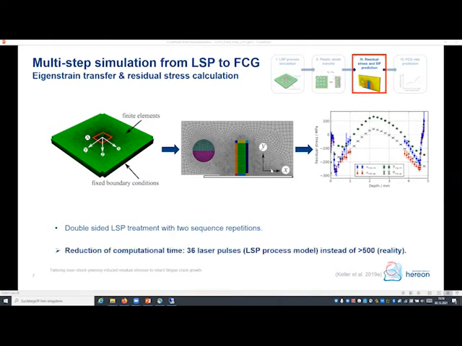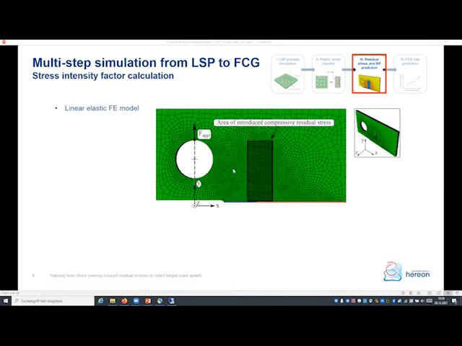And the outcome is, I was able to reduce the number of laser shots, which is more than 500, to just 36. So this is what I gain in terms of the computational effort, which is dramatically reduced here. What I have is a CT specimen where I can calculate the residual stresses.